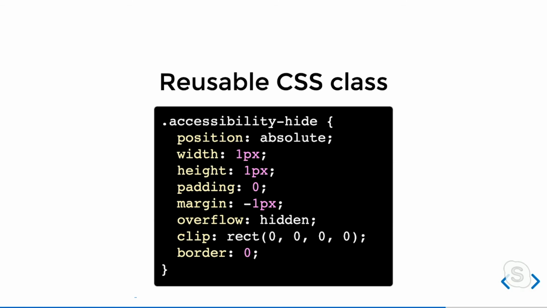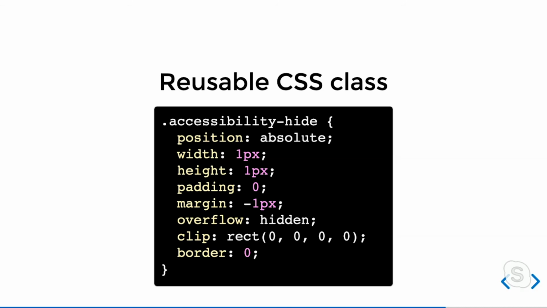Because display none, when you use it, will hide it for every user, also including the people who use screen readers, because they are able to recognize this, and it will ignore all the content which is wrapped into the element which is labeled with display none. So you shouldn't ever use this because it will not work in the way you are trying to do it. You are trying to improve it, but you will actually make it worse.